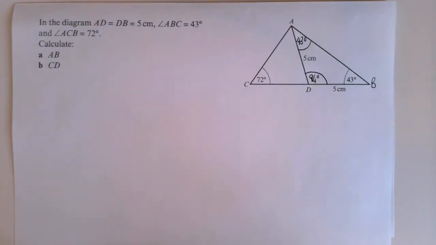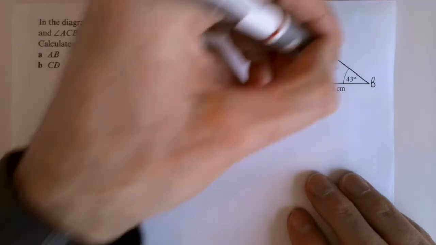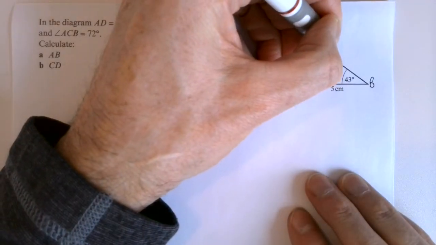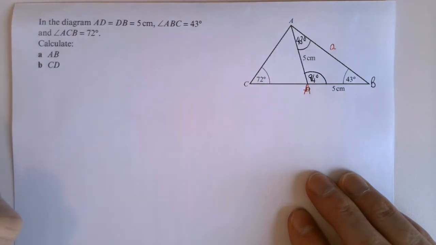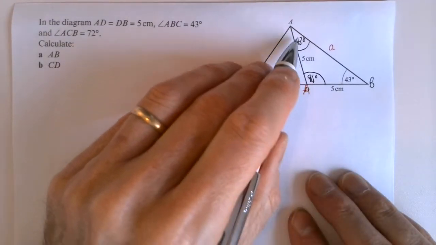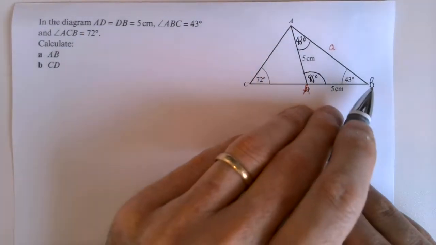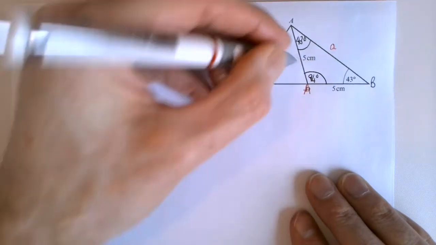So the first problem is just about that right-hand triangle. AB is the side I'm trying to find, so I'm going to call that little a, and the angle opposite is big A. And the pair I know, well, I know both pairs, don't I? I know that and I know that. So I'm going to say that's B, so that's little b.